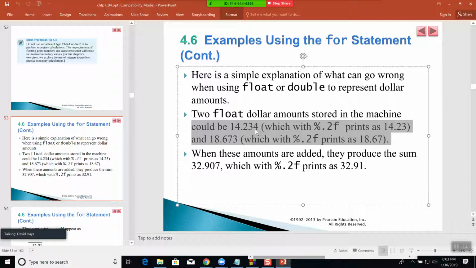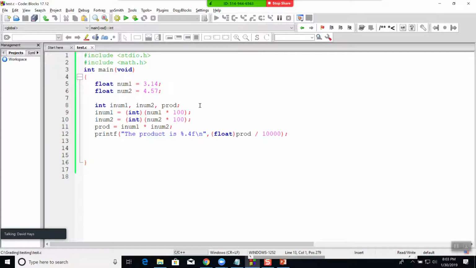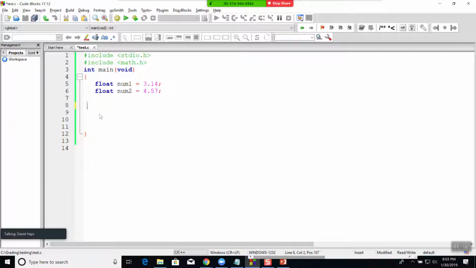A better way, and I'm pretty sure it's in the math library. Let's see if I'm lying. Num1 rounded is %.f\n, round num1.